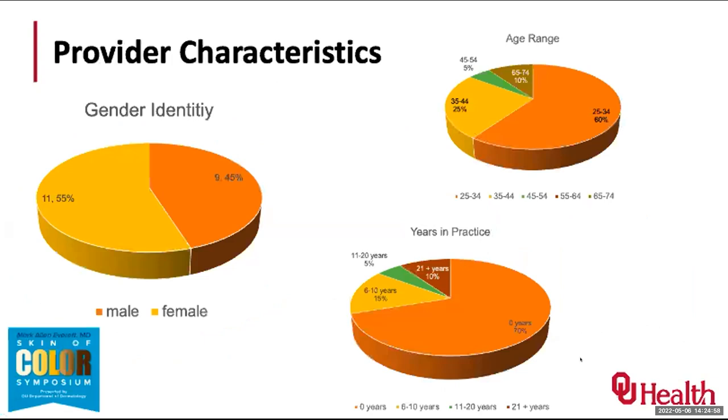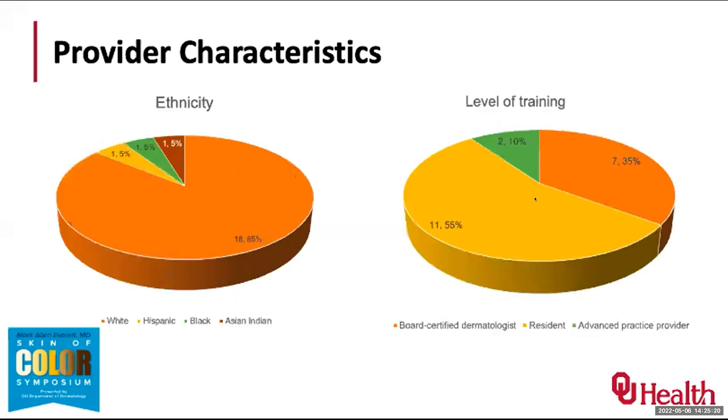So for our provider characteristics, more than half of our providers here at OU are female, and more than half of the provider population are in the resident training years, and that can be denoted here with 0 years in practice, and also on this pie graph here with our level of training, 55% being resident population, 35% being dermatology providers, and 10% being advanced practice providers.